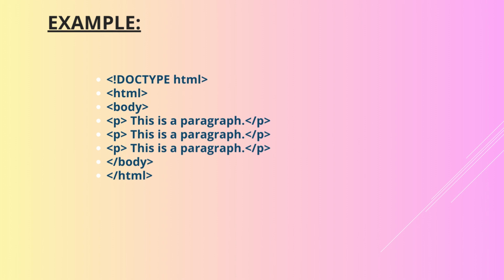If a user adds multiple lines, the browser reduces them into a single line. By default, the display of the paragraph element is set to block, which you can change using CSS. CSS stands for cascading style sheets. This means that if you add another paragraph to the web page, the next paragraph will be inserted in the next line on the web page. This is the example for the paragraph.